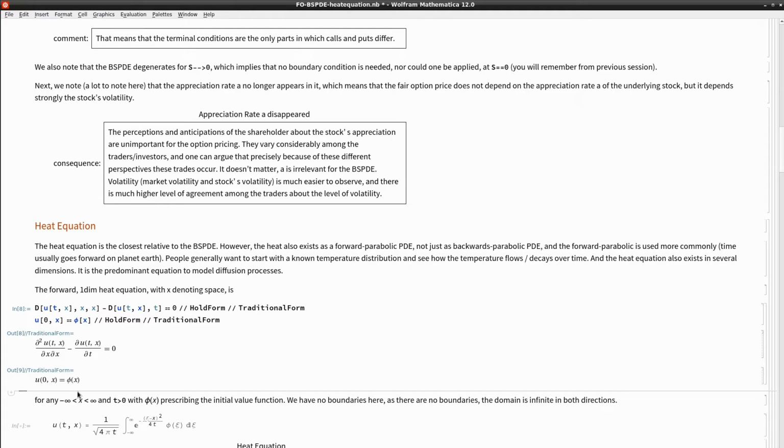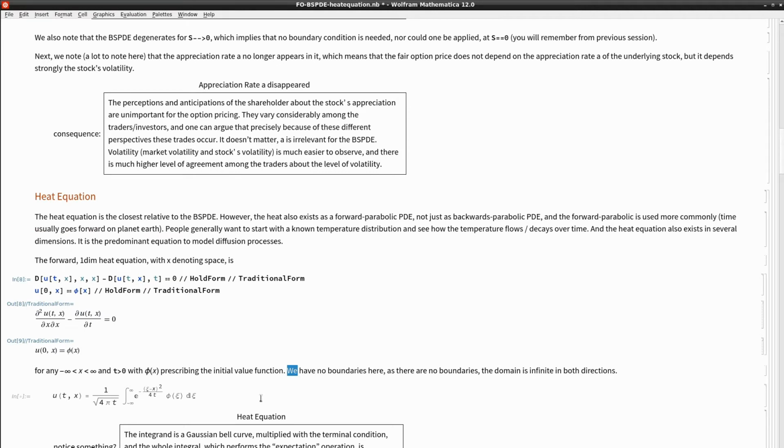That's what makes it the heat equation. Okay, and I skip the theory here. I just give you the formula. There is an integral formula for the solution of the heat equation. We have no boundaries here. The domain is infinite in both directions.